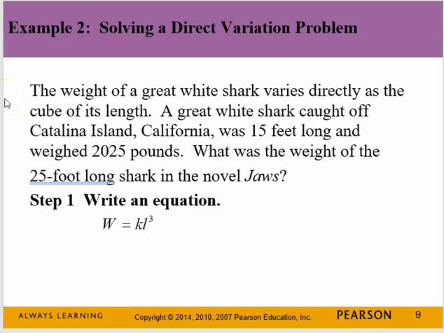Example 2 says the weight of a great white shark varies directly as the cube of its length. Okay, so our standard formula will be the weight of a shark is equal to some constant of variation, but now it's to the length that is going to be cubed.